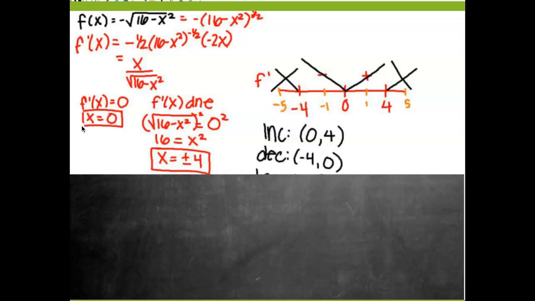The zeros are going to occur at 0 and positive and negative 4 because of where the derivative is 0 or does not exist. So we have to look at the sign changes between -4 and 0 and 0 and 4. So it's negative between -4 and 0 and positive between 0 and 4.